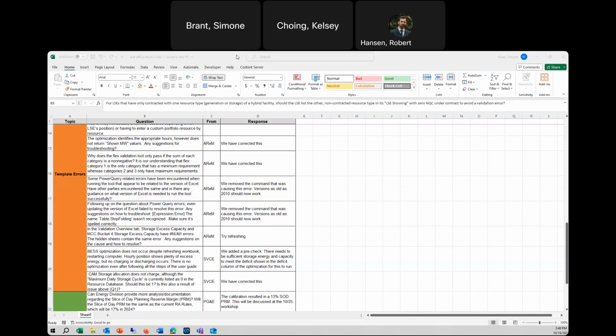If that test doesn't pass, then there's no possibility that the optimization can find a solution.